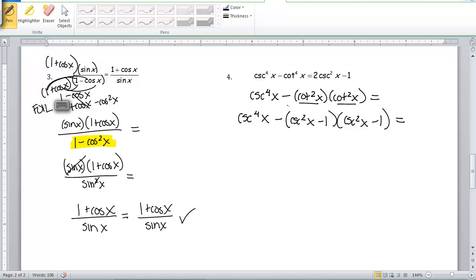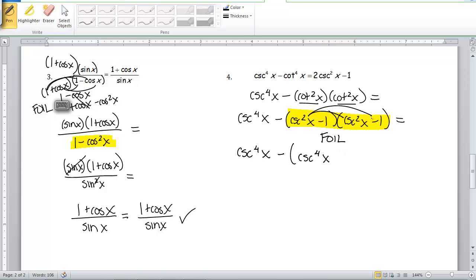And so now I need to, again, FOIL these terms out so that I can simplify them. So if we do that, I'm going to have cosecant squared times cosecant squared which is cosecant to the fourth.